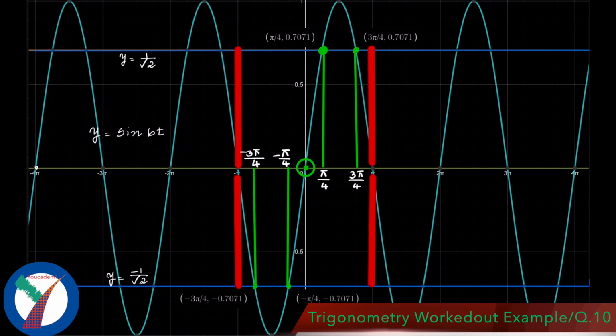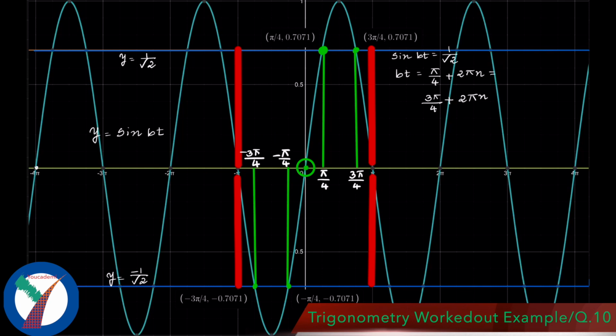Okay, let me write the general solution for sine bt equals 1 divided by square root of 2. Therefore, bt would be pi by 4 plus 2 pi n, that is principal value plus 2 pi n, correct? Then 3 pi by 4 plus 2 pi n.